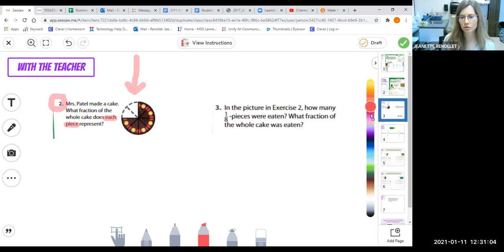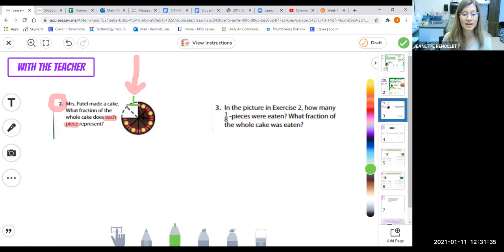I'm going to get my drawing tool ready to label. And I know that each piece means unit fraction. I know that a unit fraction is any fraction with a numerator of 1. So I'm going to label each part with a numerator of 1. But what's my denominator? My denominator tells me how many parts are all together, how many parts are inside the whole.